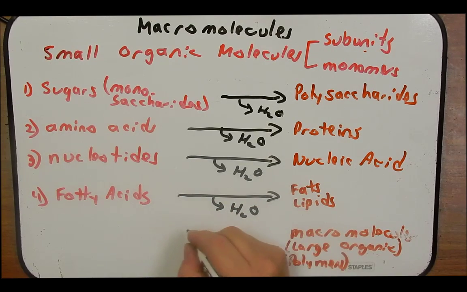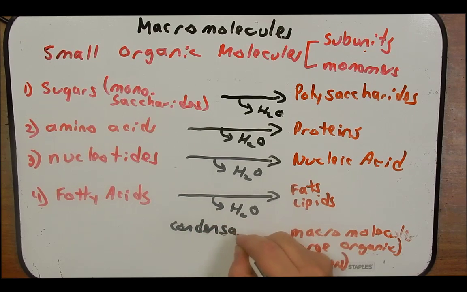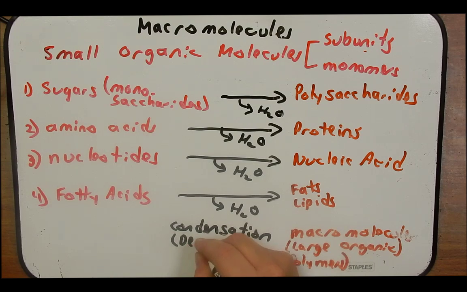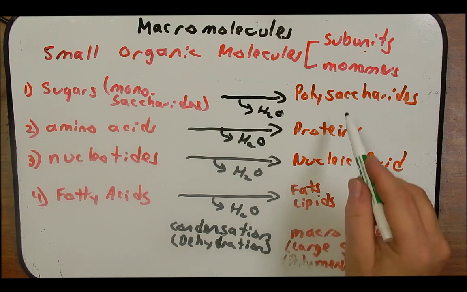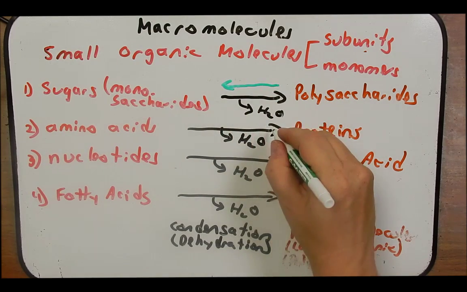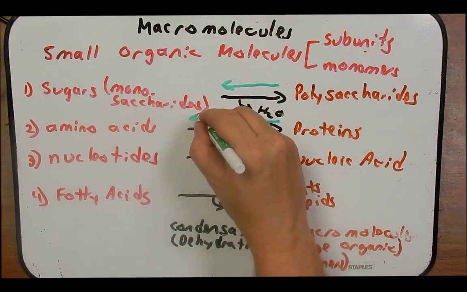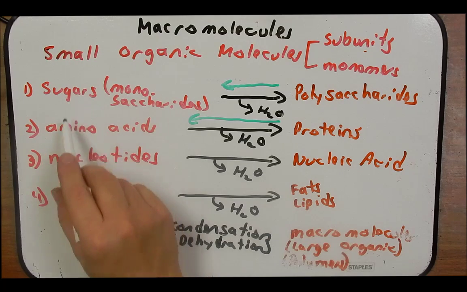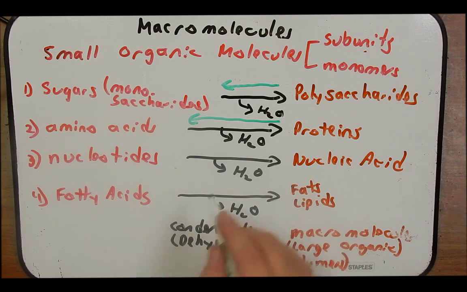And remember, we said these were called condensation reactions. Sometimes we might call these also dehydration reactions. Now the reverse is also true. We can go from these larger macromolecules, and they can be broken down into these smaller monomers, sugars, amino acids, nucleotides, and fatty acids.